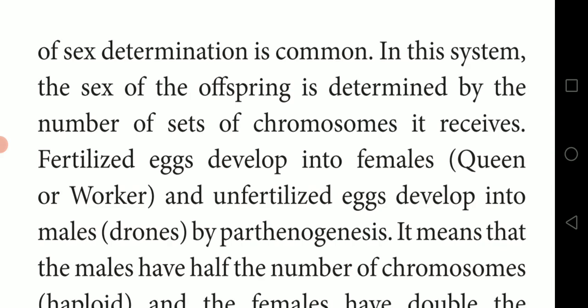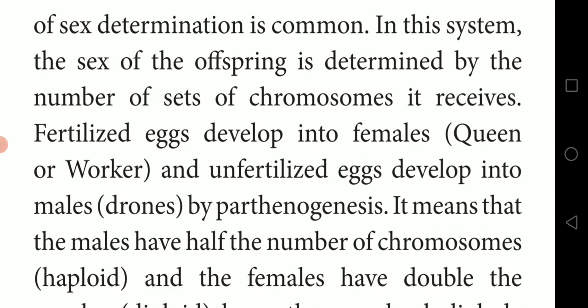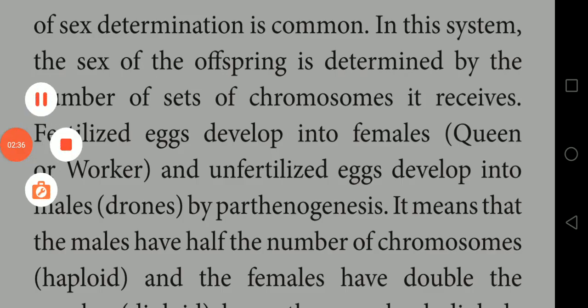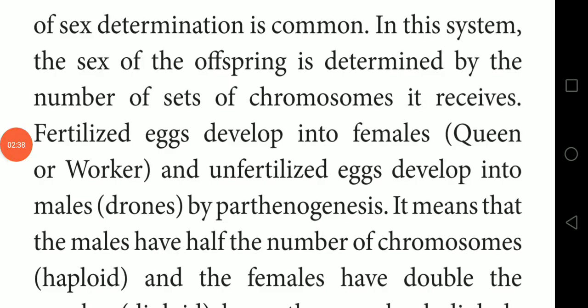In honeybees, queen bees and worker bees are there. The fertilized eggs develop into females, and unfertilized eggs develop into males, which we call drones, by the process of parthenogenesis.